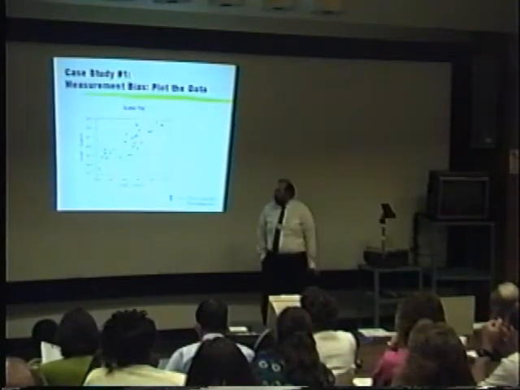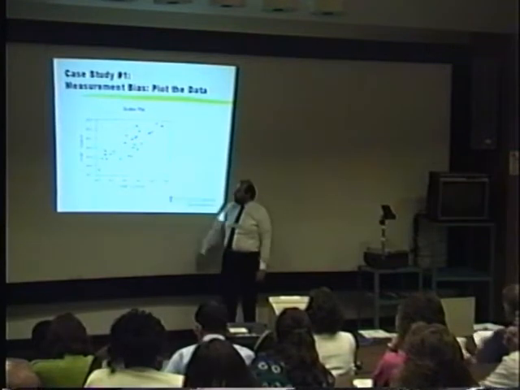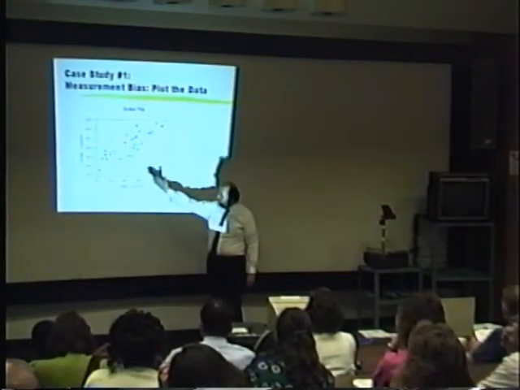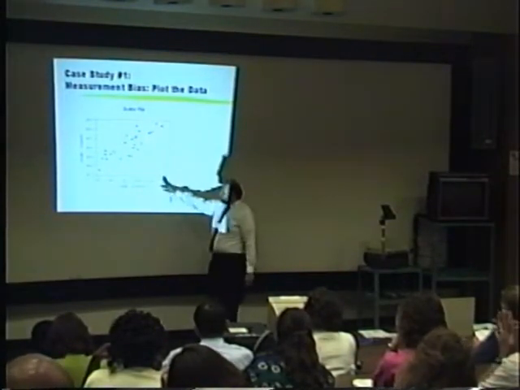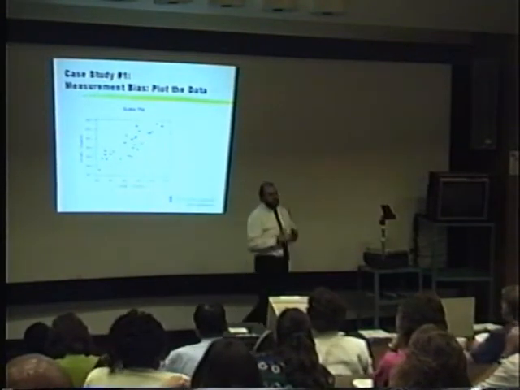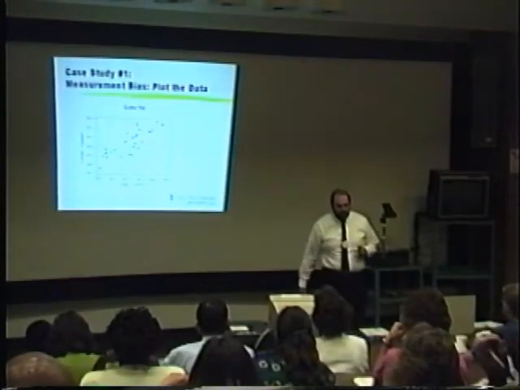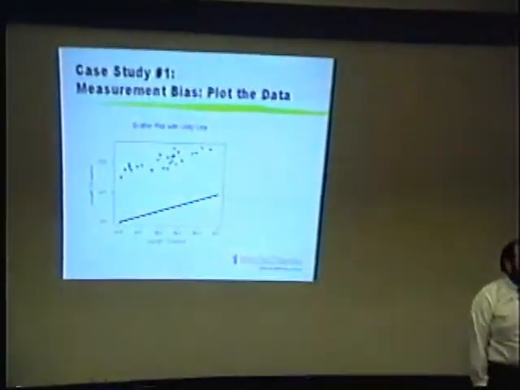Here's the first way, and that is just a simple scatter plot. For each of the parts, we can plot the result that was obtained from the customer's lab, or our lab, versus the result that was obtained from the supplier lab. Again, we're trying to understand: is there a difference, is there a relationship? This probably isn't as helpful as the next plot, which takes that same information and asks what we would expect.